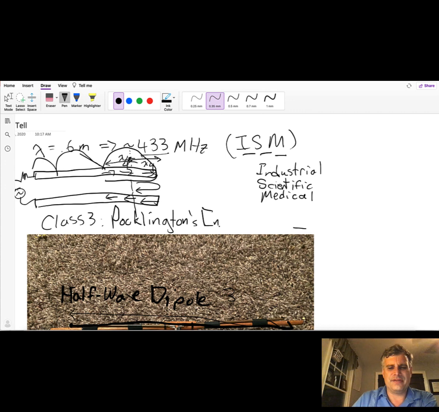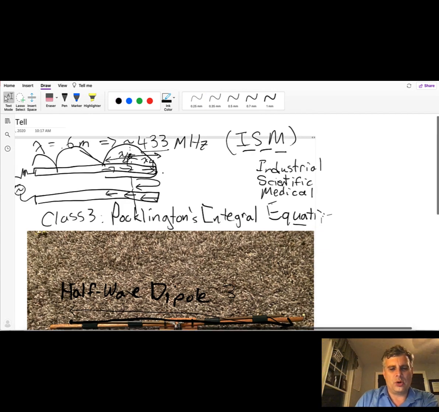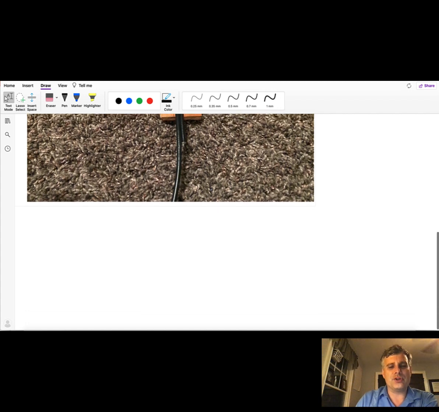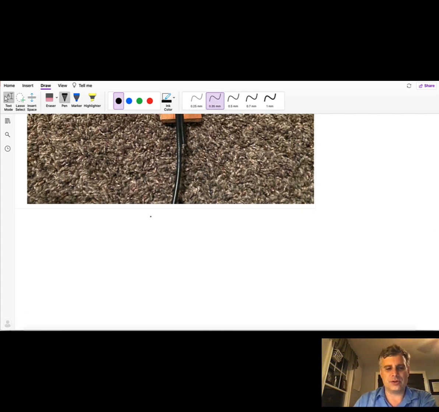But suffice it to say now, this is a difficult problem mathematically to do that. However, for wire antennas, one way to solve for Pocklington's integral equation is to contort the open circuit transmission line into this geometry of the wire antenna that you're looking at.